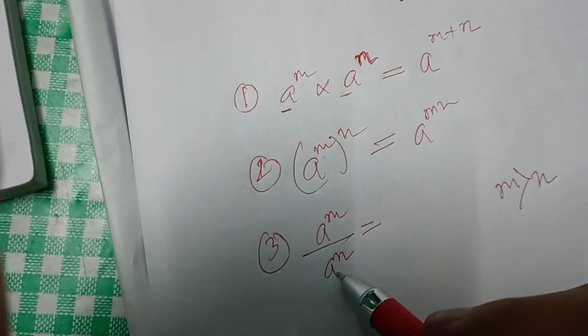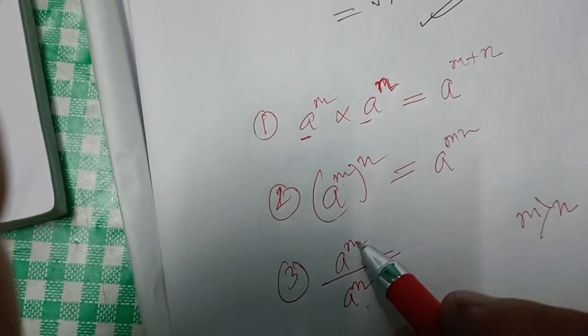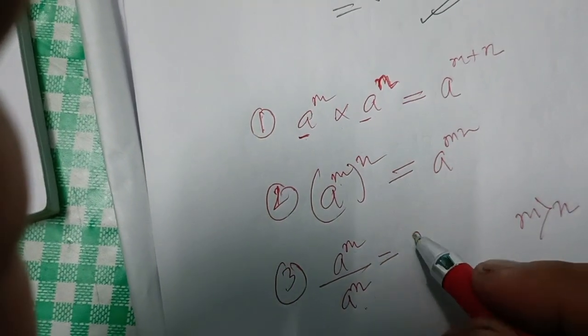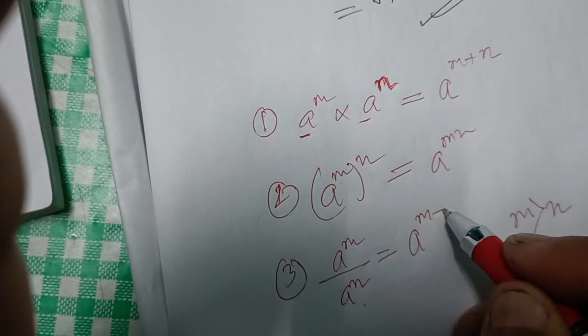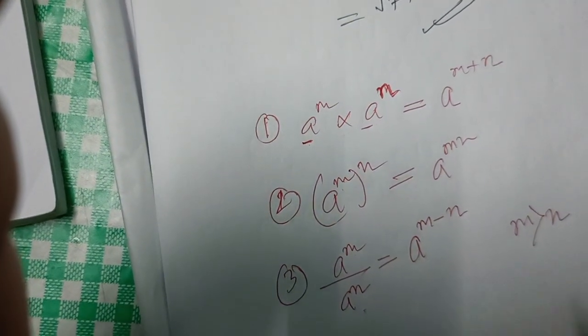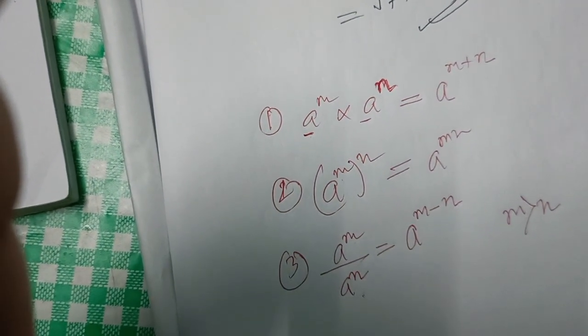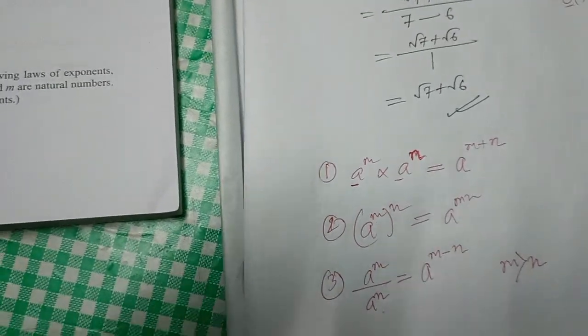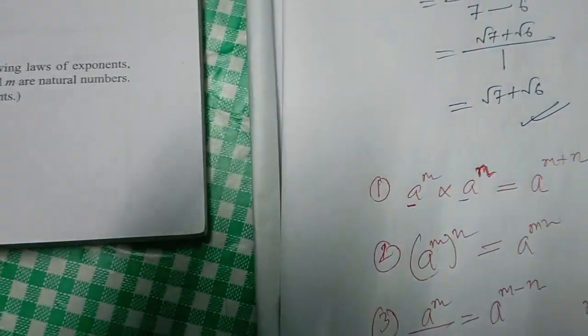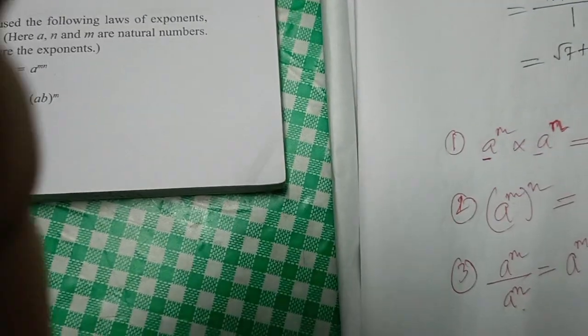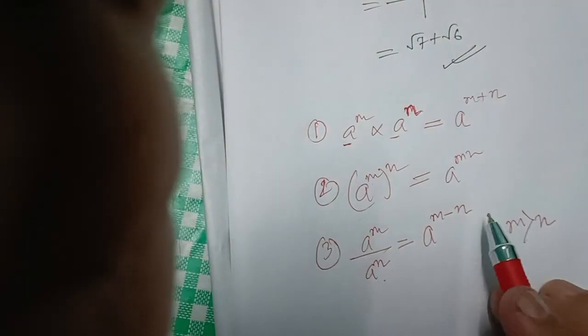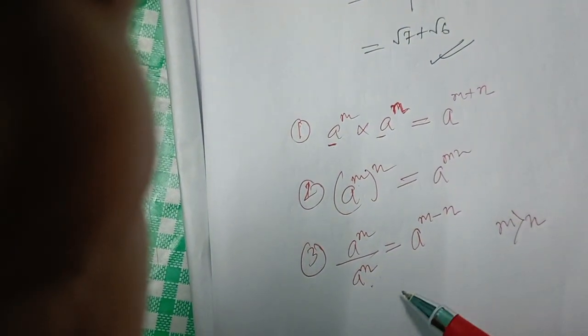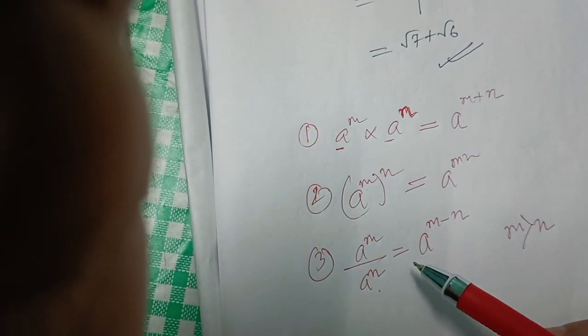In case of division, if the base is the same and the powers are different, we subtract the powers: a to the power m minus n. Remember this law, because we'll use it to do some numerical problems in Exercise 2.1. We'll see when I do the problems how we apply these laws of exponents.